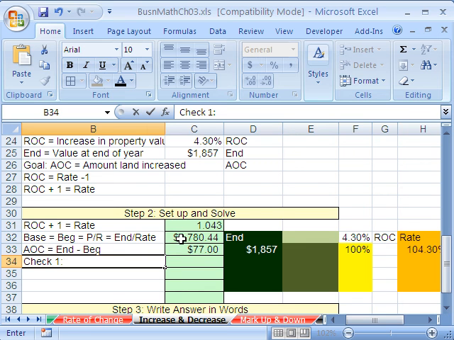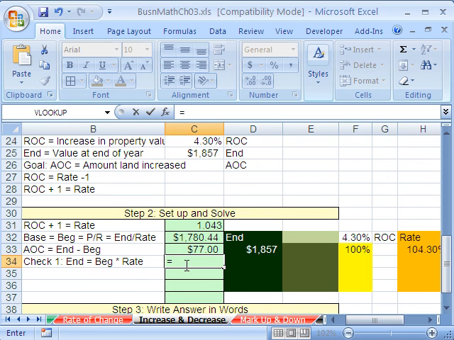Or actually, why don't we multiply it by that and see if we can get one of these original amounts. So I'm going to say the end amount equals, and that's the part, begin, which is base, times our rate. Now let's see if this works. Equals, we have our begin number times our rate. And that makes sense, right?